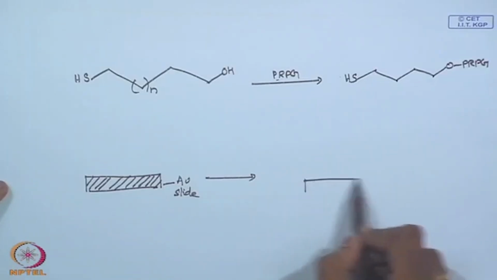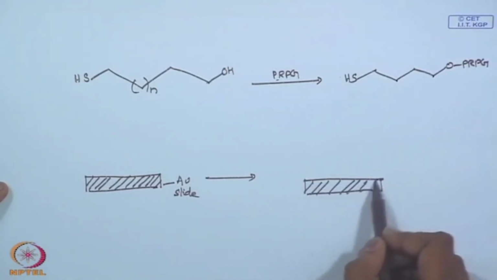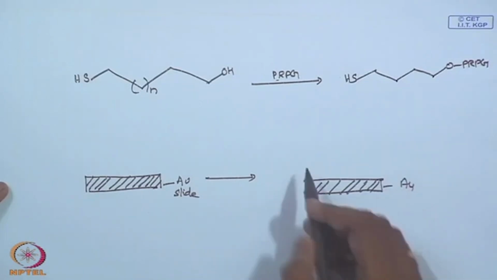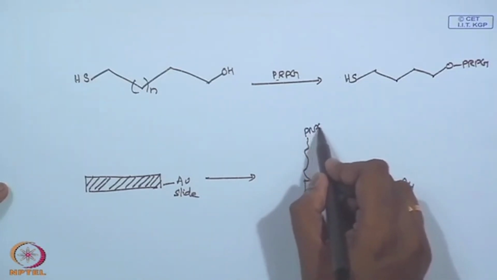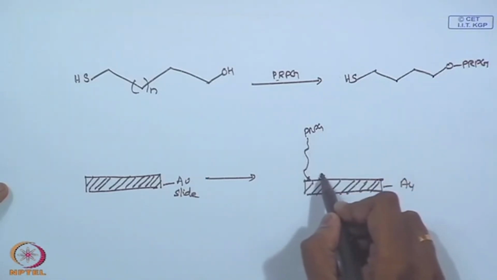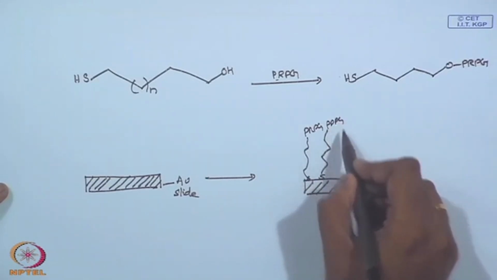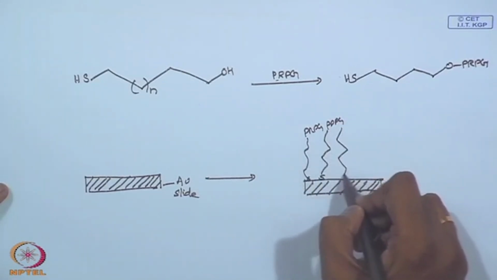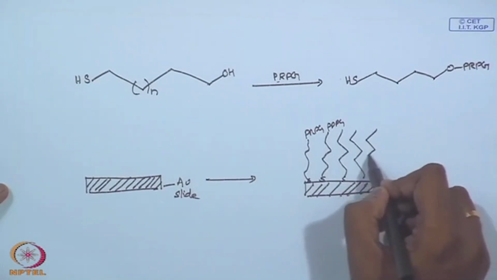Yes, it forms a self-assembled monolayer. So you have gold, and it forms a nice monolayer. You have sulfur here, and the photoremovable protecting group. It should be nicely packed. Since I don't have space, it will be a nicely packed one.